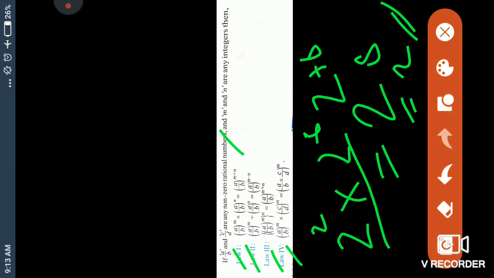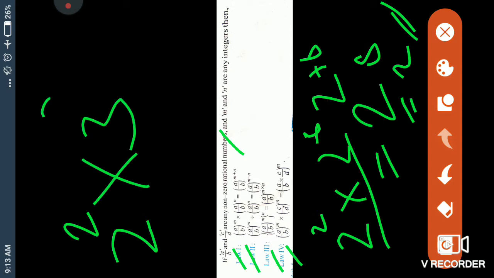This is the meaning of the first formula: (a/b) to the power m multiplied by (a/b) to the power n gives (a/b) to the power m plus n. But one thing is important here: the base should be equal. This formula is not valid for 2 to the power 2 and 3 to the power 4.